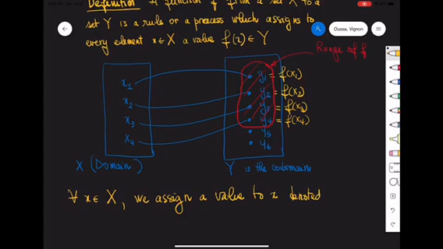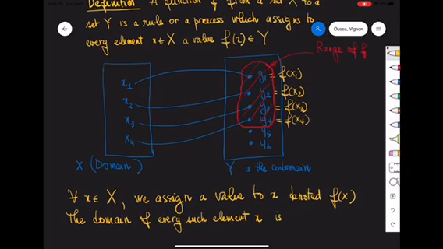Now, the domain of every such element, little x, is big X.